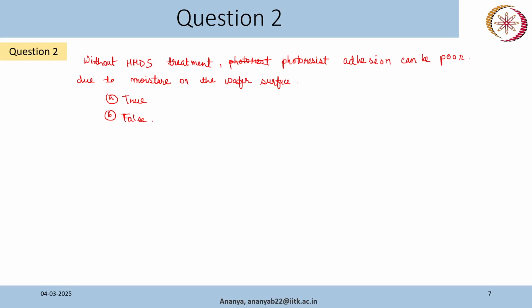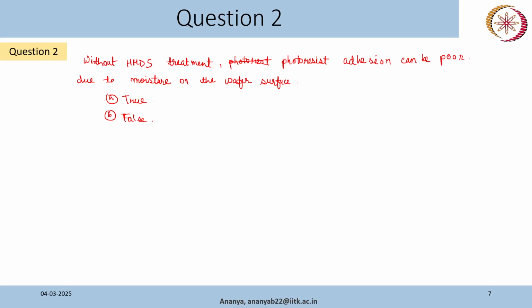If you are working in a lab where the humidity level is very high, then the bonding between the photoresist and your wafer will not be good. So that is why we go for this primer coating or HMDS coating, so that the adhesion between the photoresist and our wafer is good.